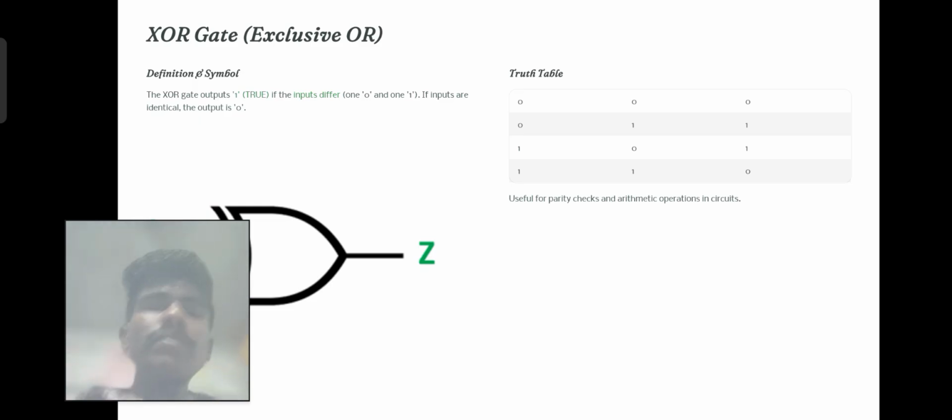When more than two variables are to be XORed, a number of two input XOR gates will be used.